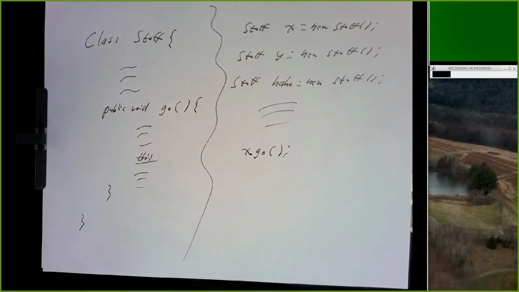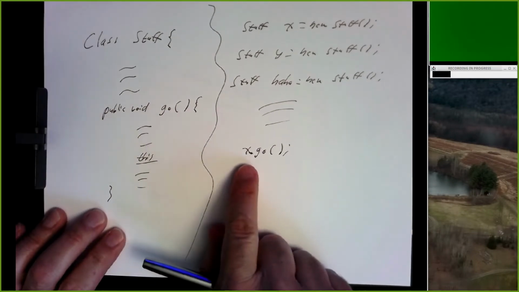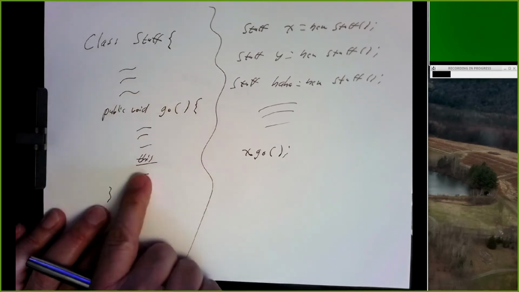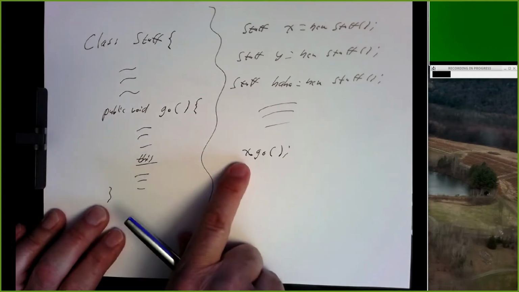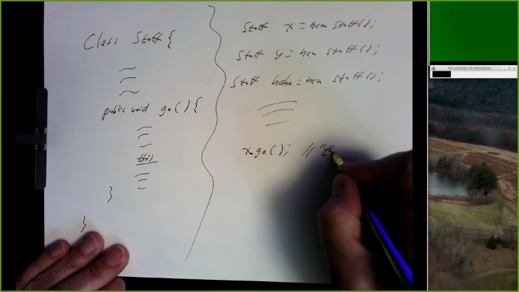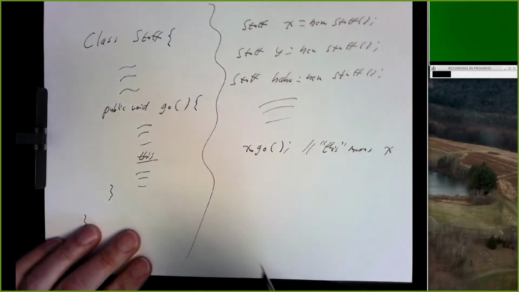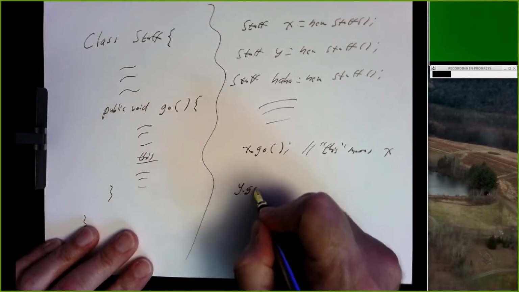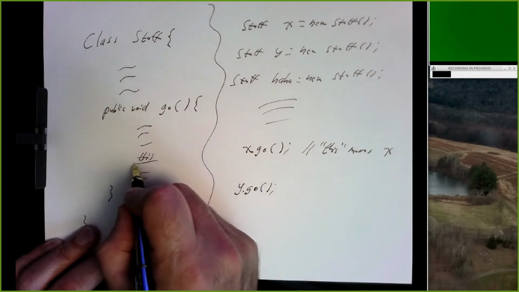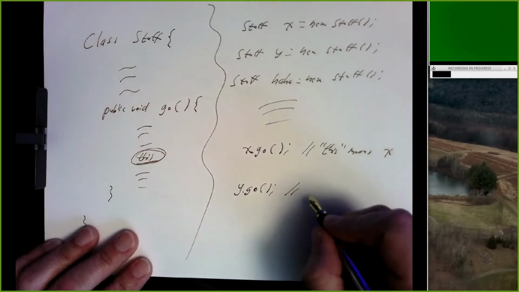I'm asking the system to execute the code inside this go method. So inside this go method, the keyword this refers to x. Now later on, suppose I say y.go. The same code gets executed, but when it gets to this line right here and it sees the keyword this, that refers to the object y.